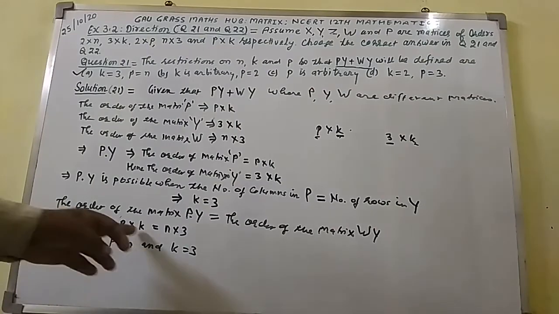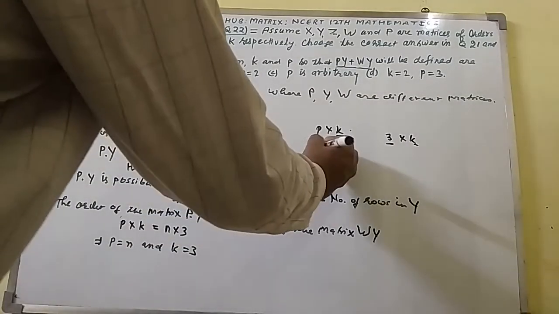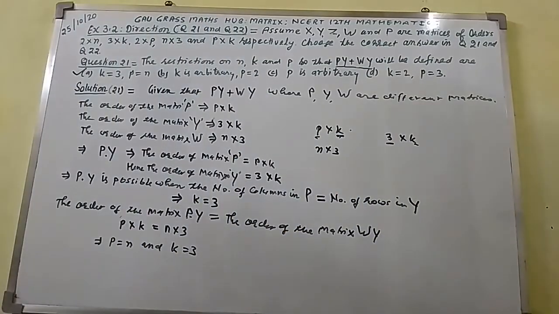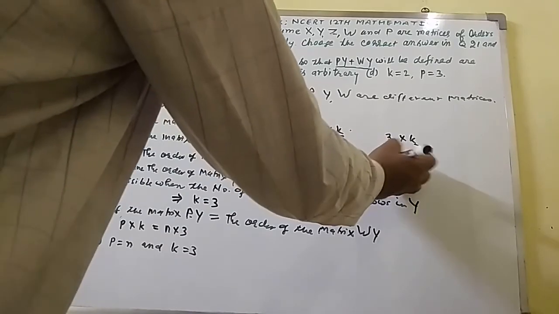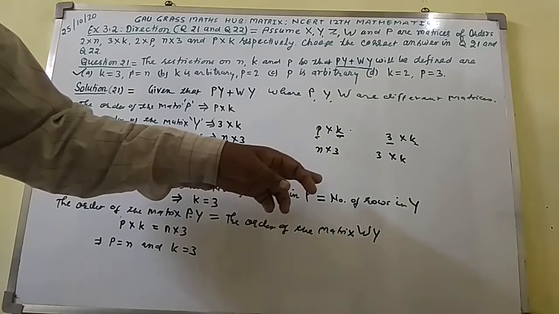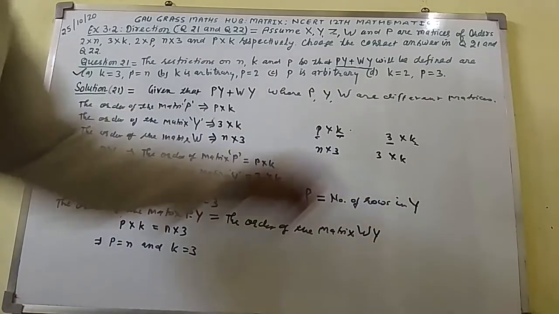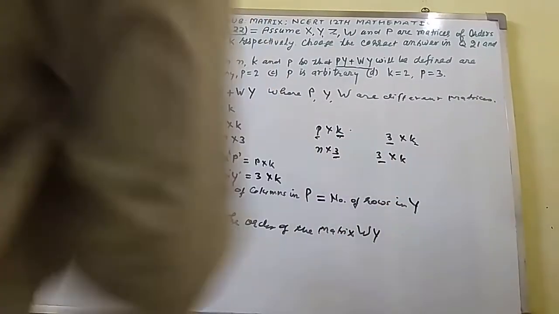So you have got here P cross K equal to the order of the matrix Wi. So you have to judge here. You can write the order of the matrix W. You have got here N equal to 3. The order of the matrix Y you have got here 3 into K. The number of columns in the matrix W is equal to the number of rows in matrix Y. This one will be equal.